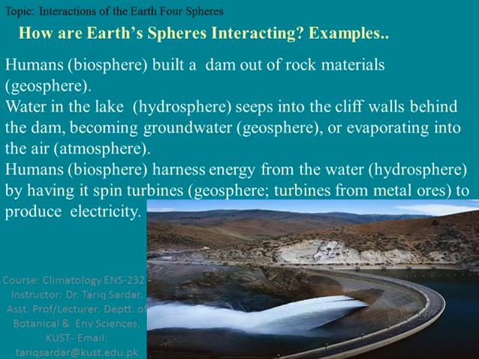Becoming groundwater in the geosphere, it seeps towards the rivers or the seas, and evaporates if the sun's energy falls on that water, then it goes again towards the atmosphere. So the three interacting spheres are discussed in this simple example.